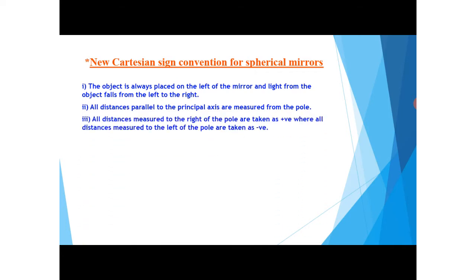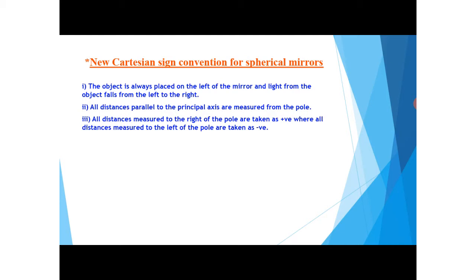The third rule is that all distances measured to the right of the pole are taken as positive, and distances measured towards the left of the pole are taken as negative. Just as on a number line, where numbers to the left of 0 are negative and to the right are positive, here the pole is the reference point.